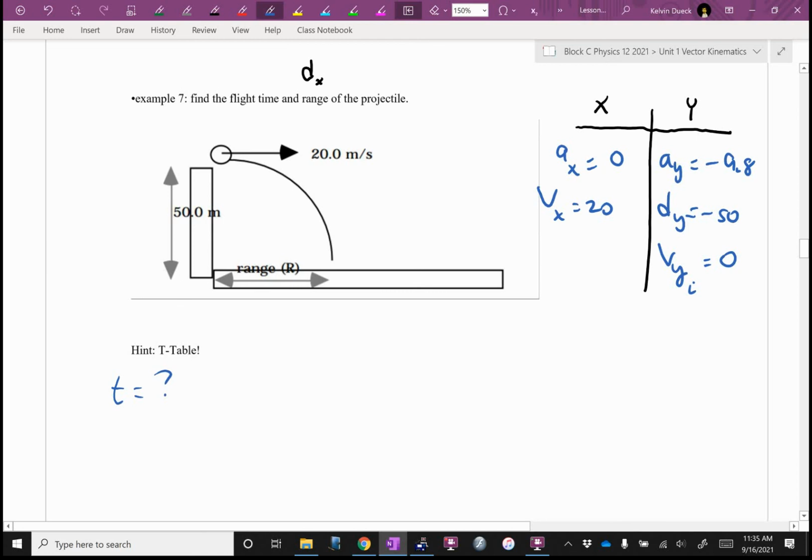I know Ay, dy, and Vy initial. I'll rewrite those. Vy initial is 0, Ay is negative 9.8, dy is negative 50. I'm looking for an equation that has a t, a vi, an a, and a d in it. You might want your formula sheet out because there is one.